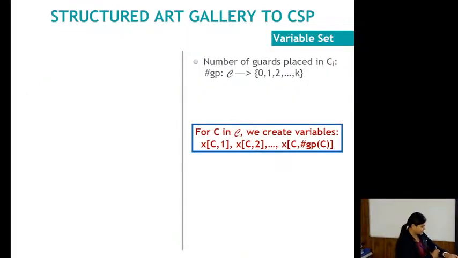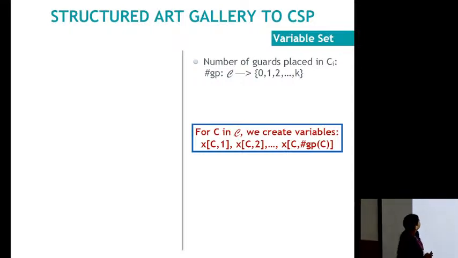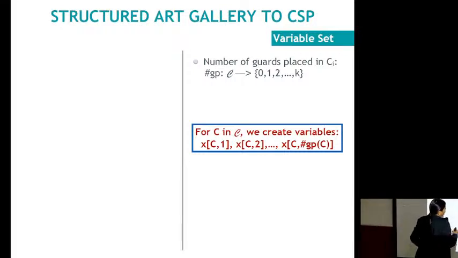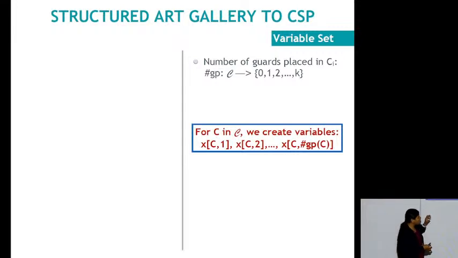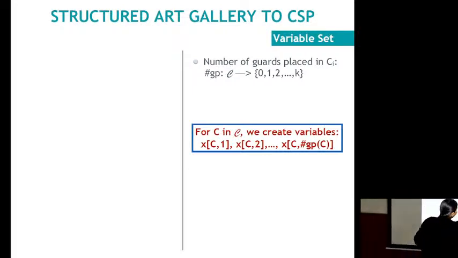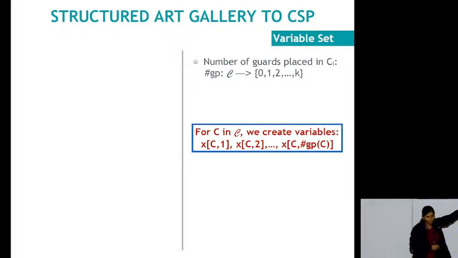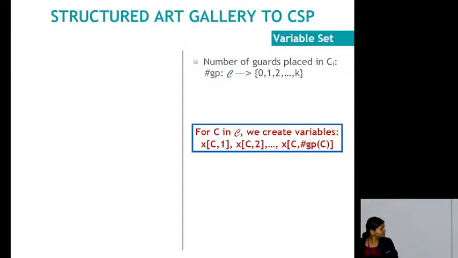Now let's see how we can encode an instance of structured art gallery as an instance of monotone 2-CSP. For every C in the set of regions, recall #GP tells you the number of guards that we need to place in C. For every such guard we create a variable. So this is our variable set.